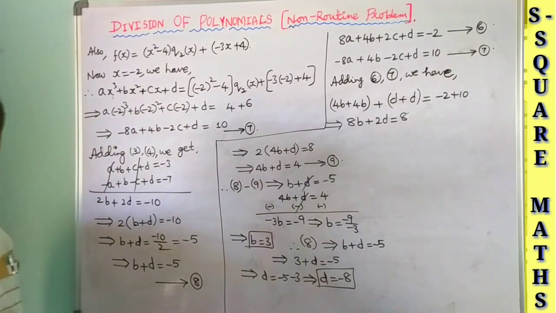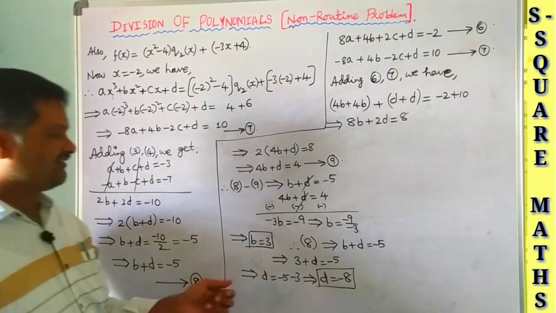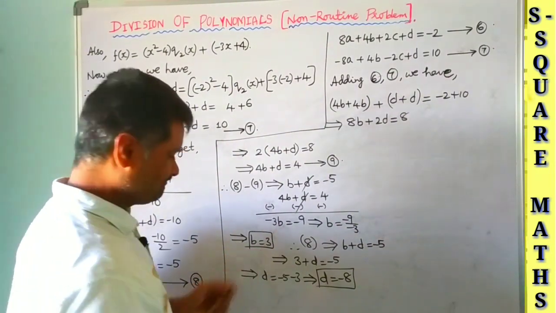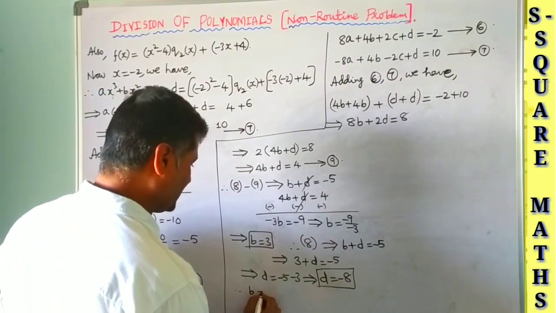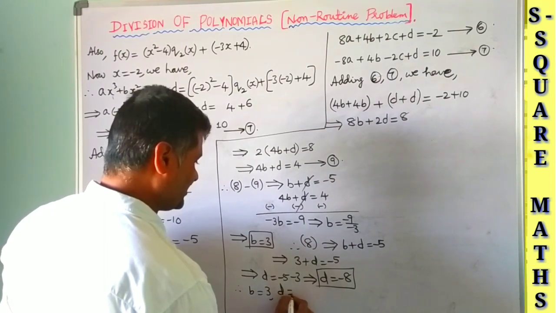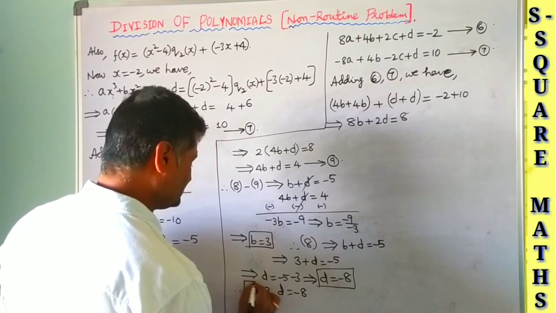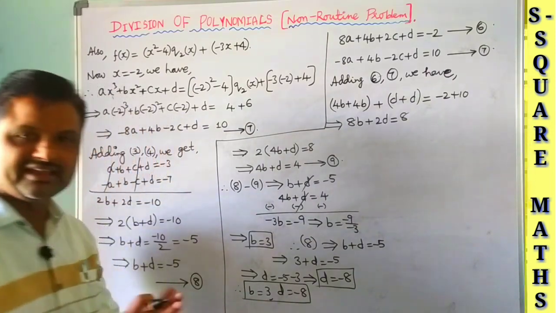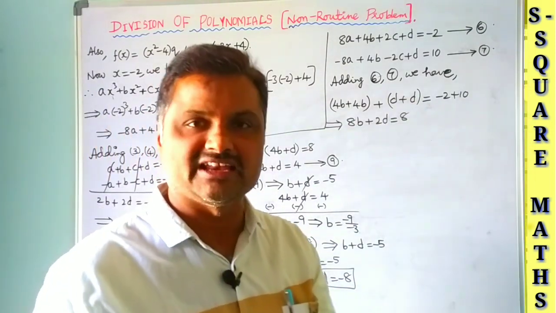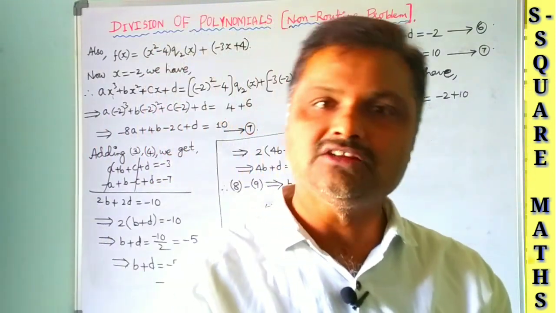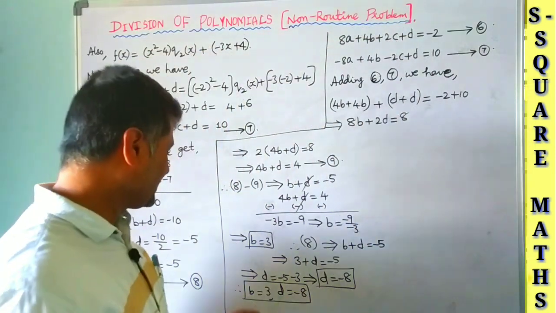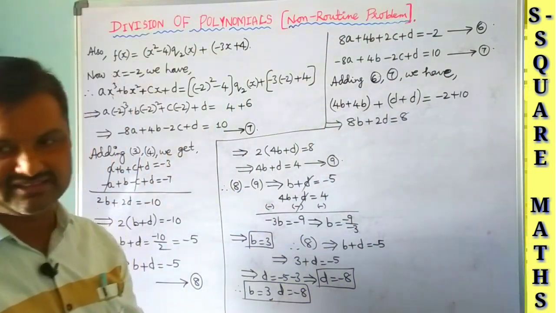So far which values did we get? The value of b is 3 and the value of d is minus 8. Among a, b, c, d, 4 values, how many values did we get so far? 2 values, b and d. b is equal to 3 and d is equal to minus 8.